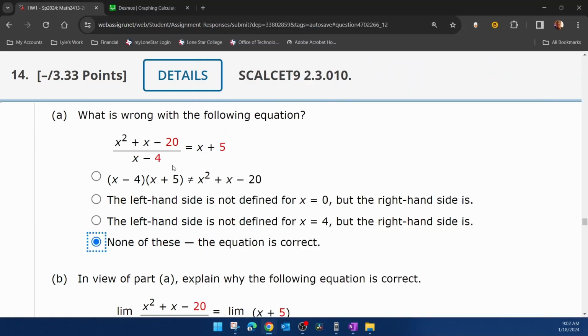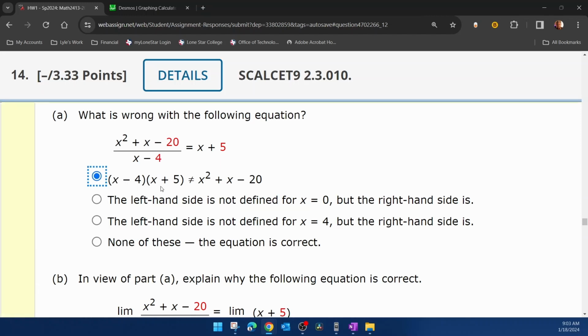So which one of these answer choices is correct? Let's see. The first one says that the numerator would not factor like this, but it does. This is actually the correct factorization of the numerator, and that has nothing to do with the fact that the first part is undefined at 4.